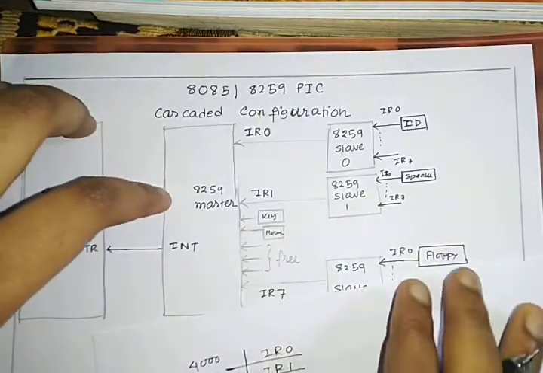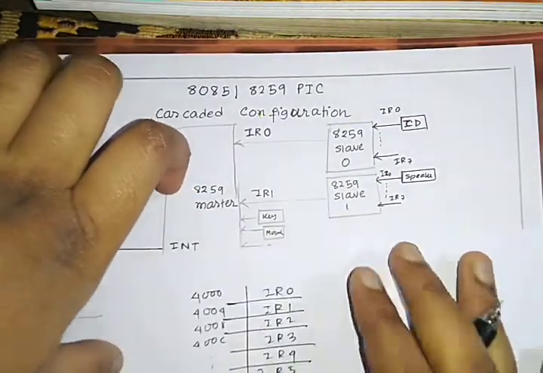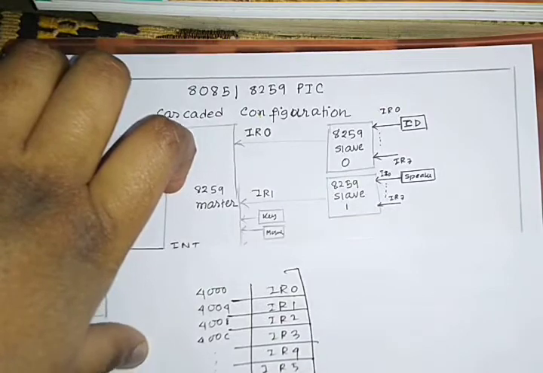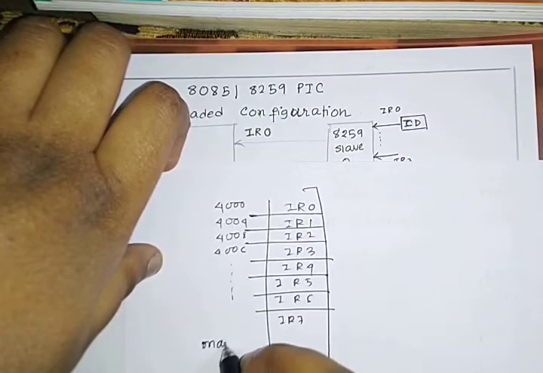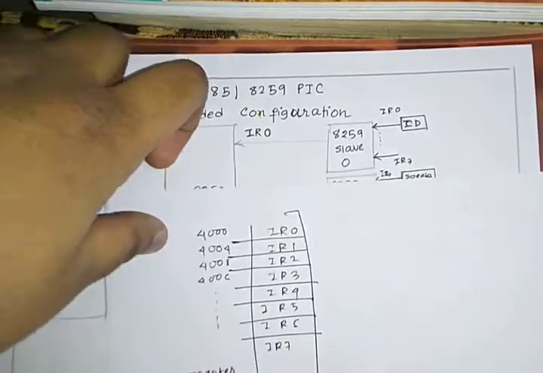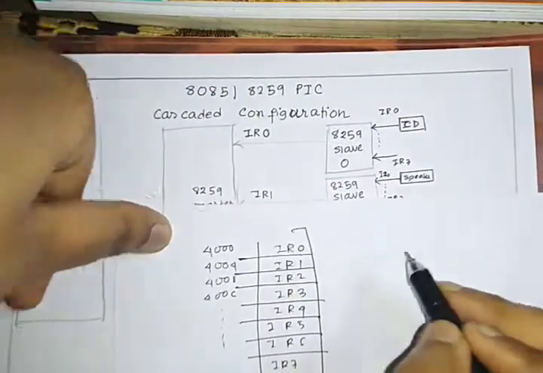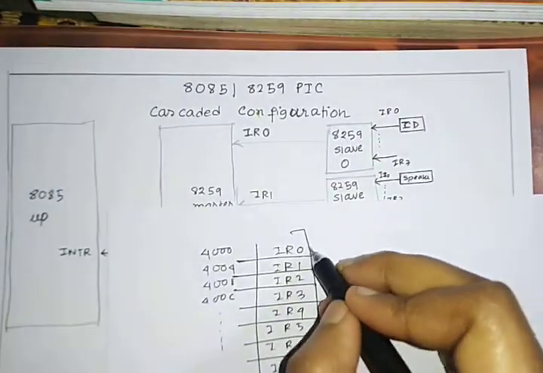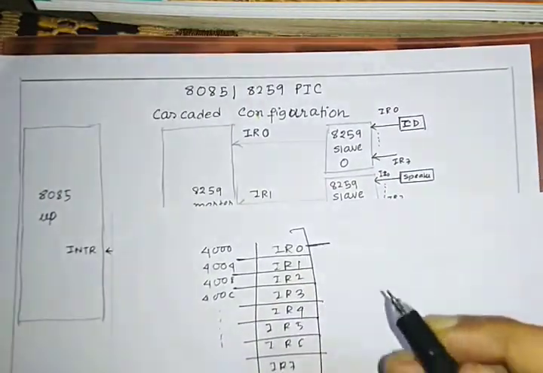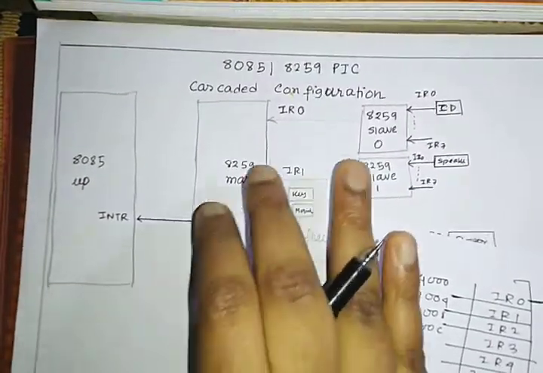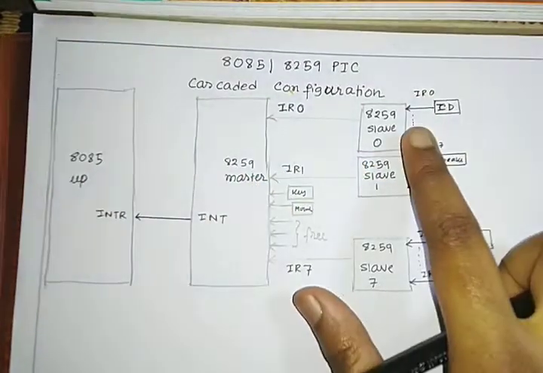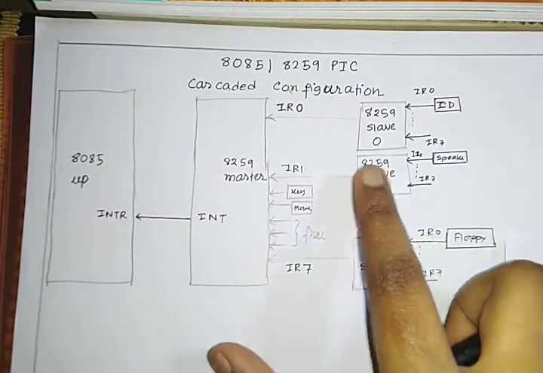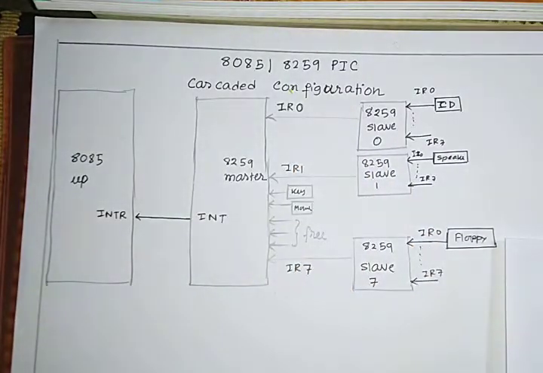I hope you can see clearly here. So suppose in the first chip, which is my master, I have connected slaves. Suppose I have connected a slave here. Slave is in IR1 and slave is in IR7.